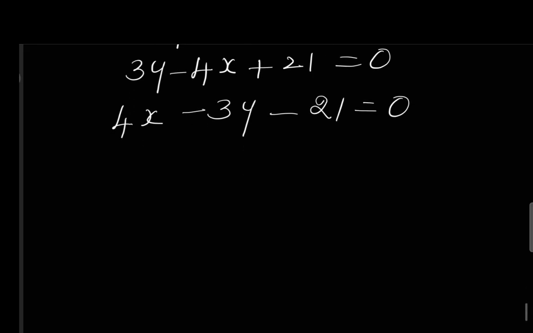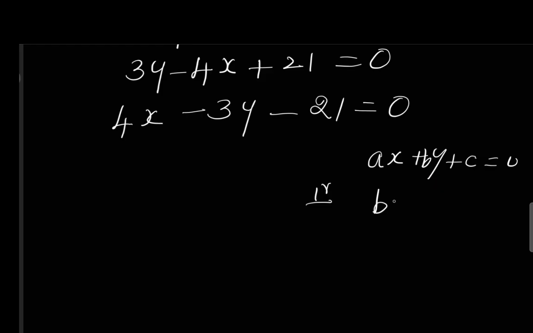Now we are going to write the equation of the line perpendicular to this given line. So before that we just take the general form: ax plus by plus c is equal to 0. So the perpendicular line is of the form bx minus ay plus k equal to 0.